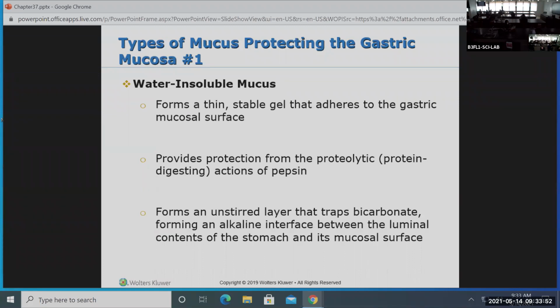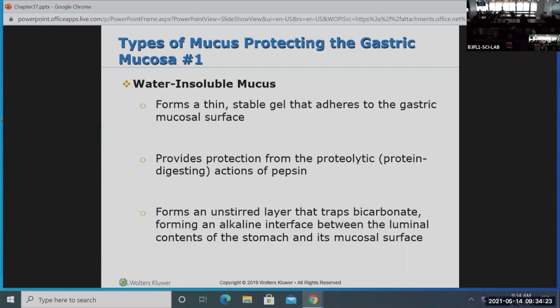This mucus is protecting the cell lining of my stomach. Provides protection from what? From a protein digestive enzyme we call pepsin. And also make a note over there, hydrochloric acid. Not only pepsin, also hydrochloric acid.